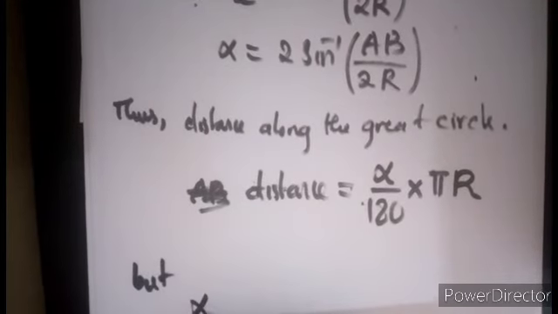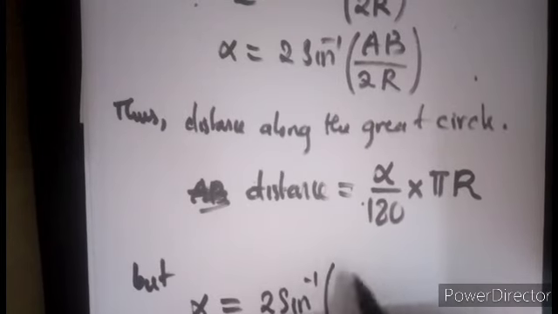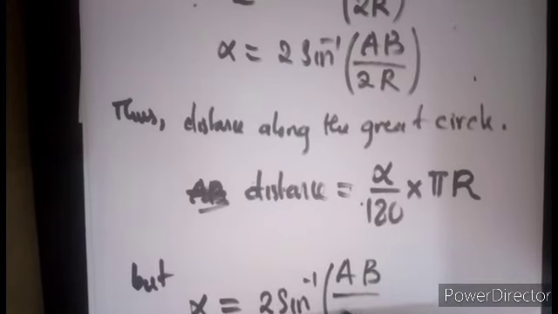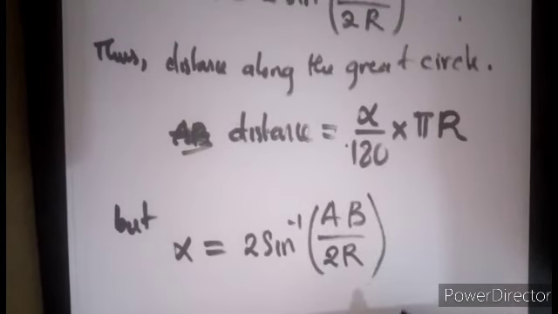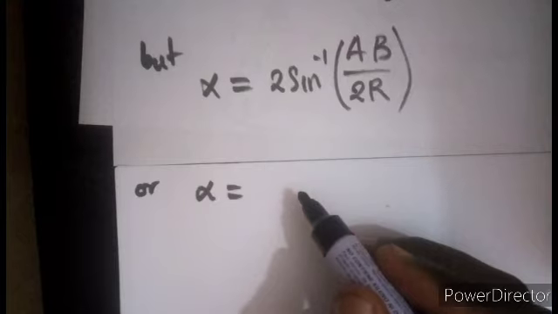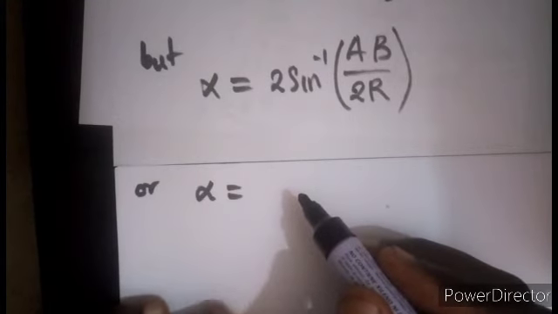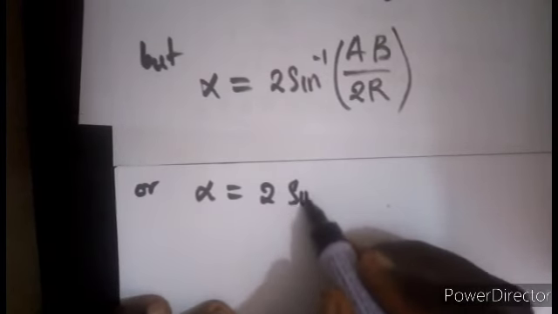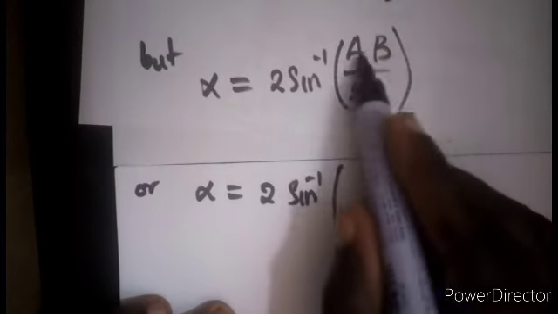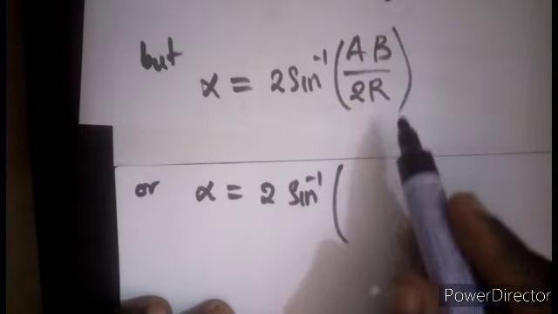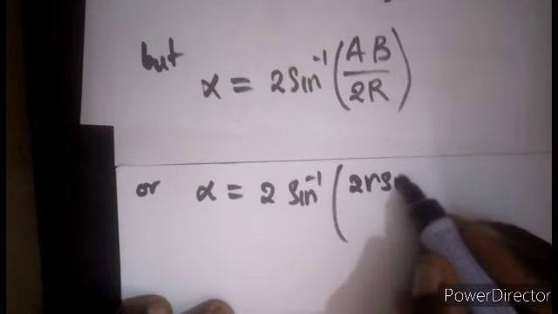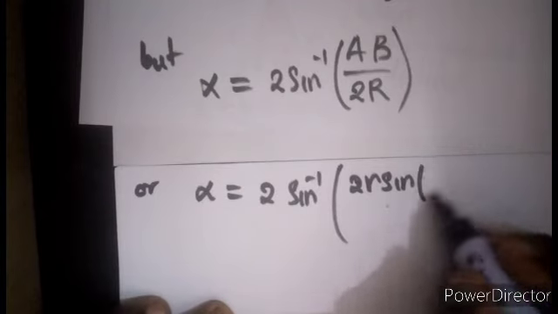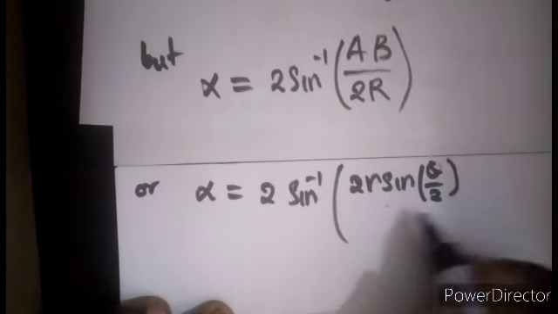But we have shown that alpha is the sine inverse of AB all over 2r, which is equal to the sine inverse of, of course, we have also shown that AB is equal to 2r sine theta over 2.